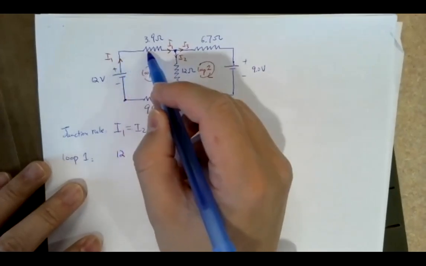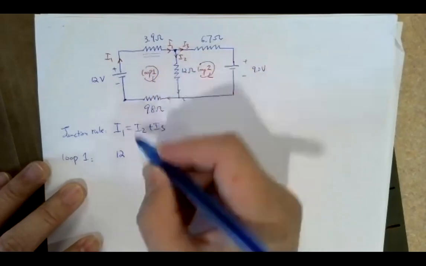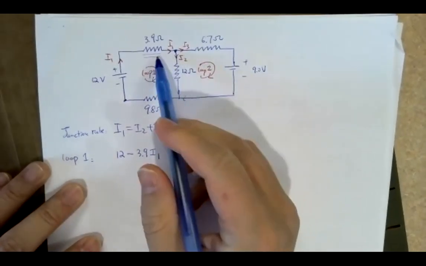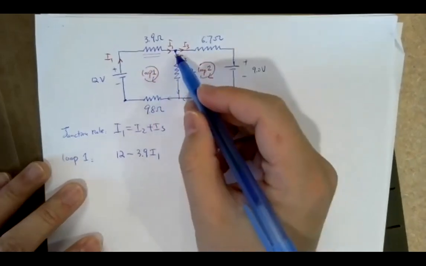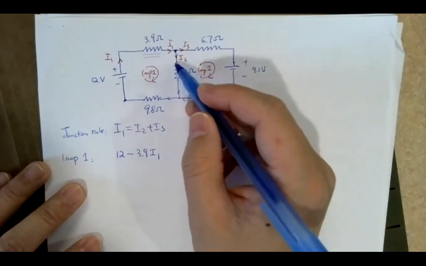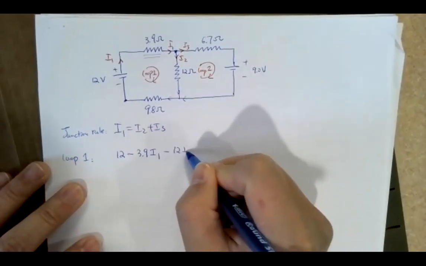Now I have I1 here in the same direction of the loop, so then negative 3.9 I1, your potential will drop there. And then I take I2 to go down here, and the loop also goes down there. So minus 12 I2.